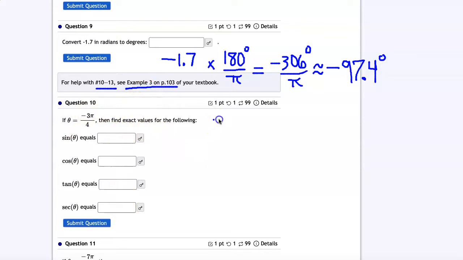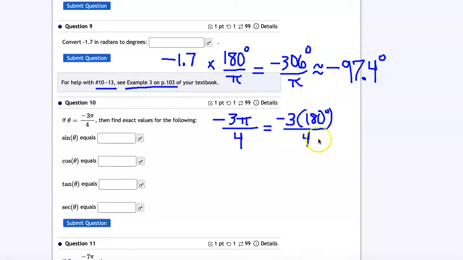What you would do is you would take negative 3 pi fourths. And by the way, if you have radians that have a pi, the fastest way to convert is just to replace the pi with 180 degrees. If you understand this, what happens is that the pi in the denominator will cancel with the pi in the numerator, and so this is the same thing.